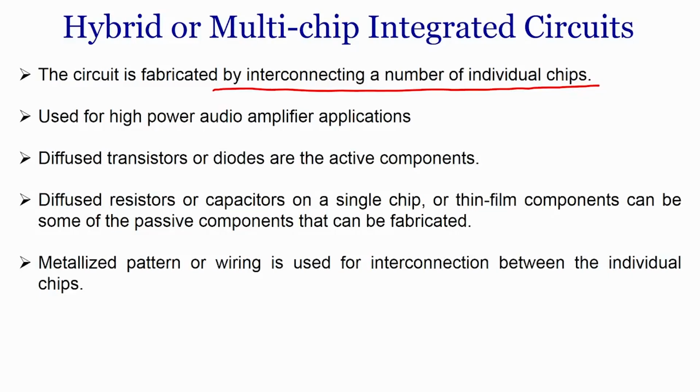Diffused transistors or diodes can be made on this integrated circuit. Diffused resistors or capacitors on a single chip, or thin film components, can be some of the passive components that can be fabricated, right. And finally, the metallized pattern or wiring is used for interconnection between the individual chips. That means there are several advantages when you talk about hybrid multi-chip integrated circuits.